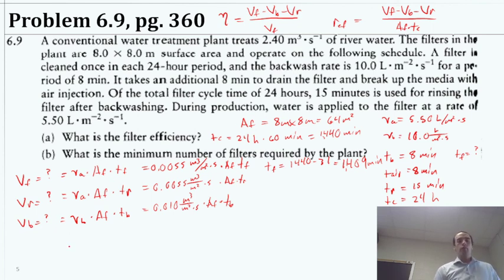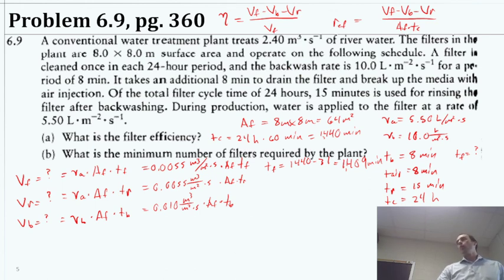We use these volumes directly in our filter efficiency equation, and we'll get that. And then given that, part B is a little bit more interesting. We're going to need the effective loading rate and sort out something about the flow that's required for the entire plant, not just one particular filter.